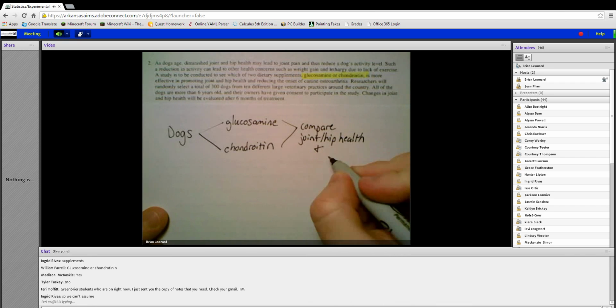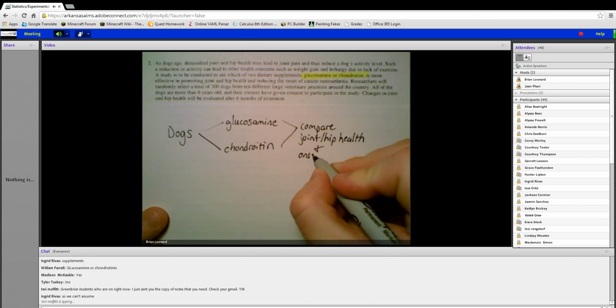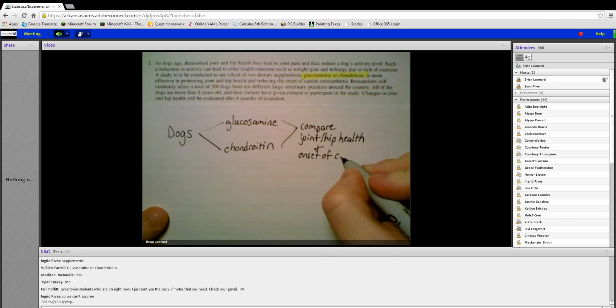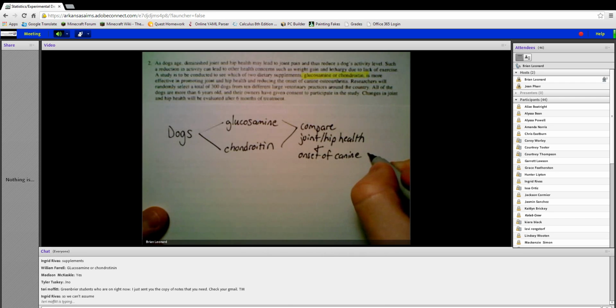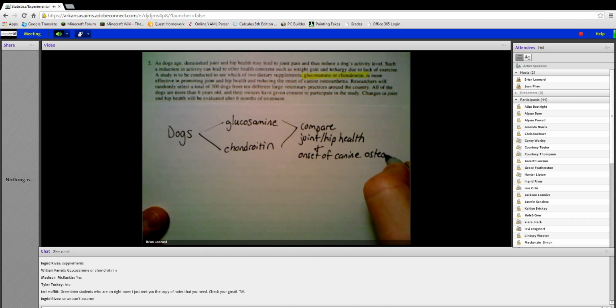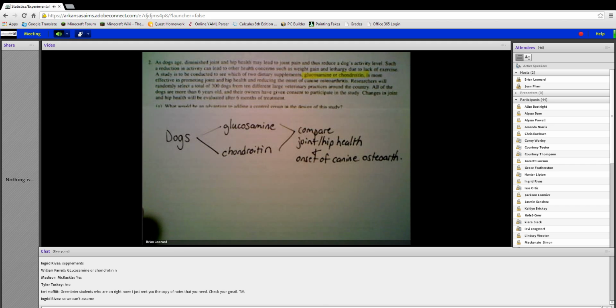And I guess the onset of canine osteoarthritis. Okay? Now, again, that's not really helping me, except it gives me a visual. Okay? And I like to see the visual. I think it's worth the 1-2 minutes or whatever that it takes.